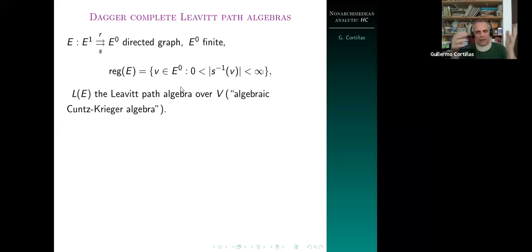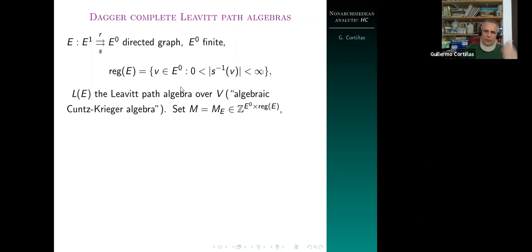If you take the C-star algebra completion of that, the universal C-star algebra, you get the Cuntz-Krieger algebra. Yeah, and the Leavitt path algebra can be defined over any ring, for example, over V. And then you can dagger complete it. And this is what I mean by the dagger complete Leavitt path algebra.